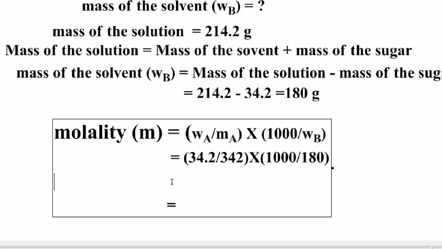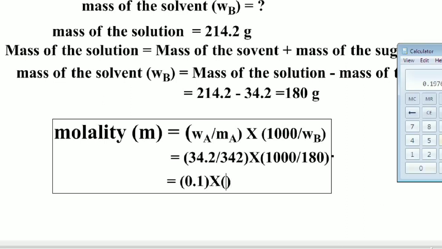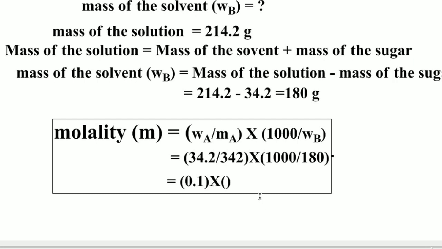On simplification, 34.2 by 342 means 0.1, into 1000 divided by 180. 1000 divided by 180 equals 5.55.